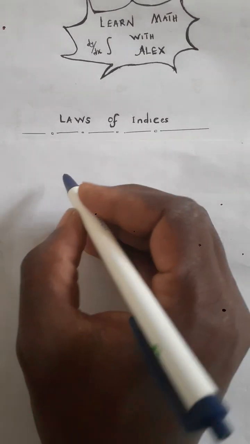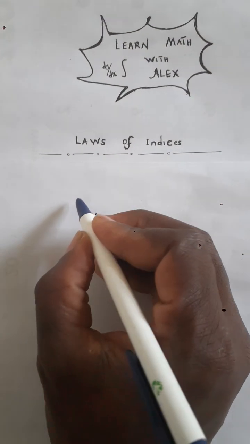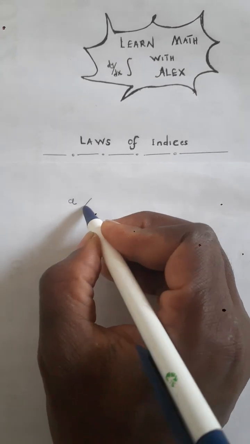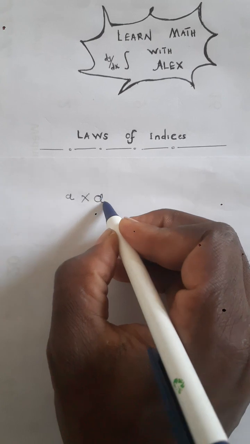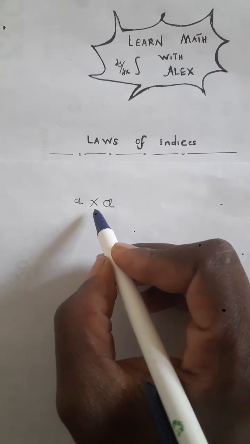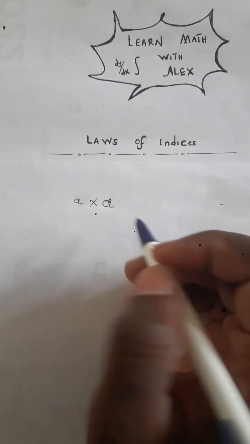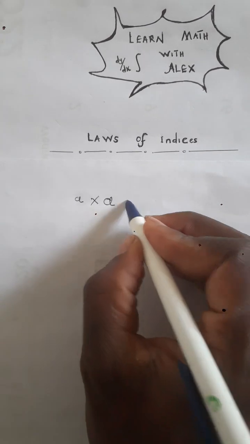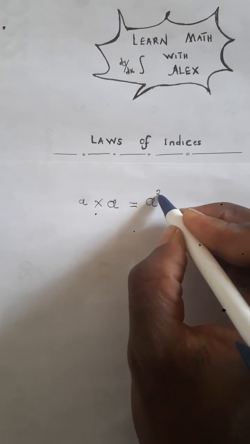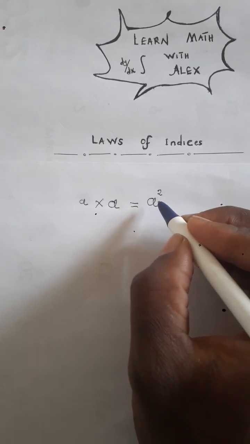Let's say for instance, I am multiplying a times a. So what's the answer I'll get? What is a times a? Okay, a plus a is 2a, but what is a times a? I'll get a with a 2 on the top right.